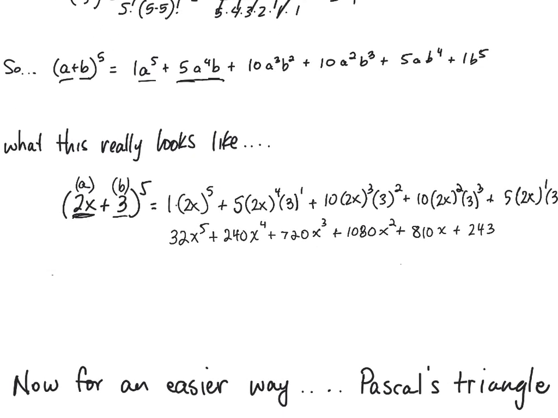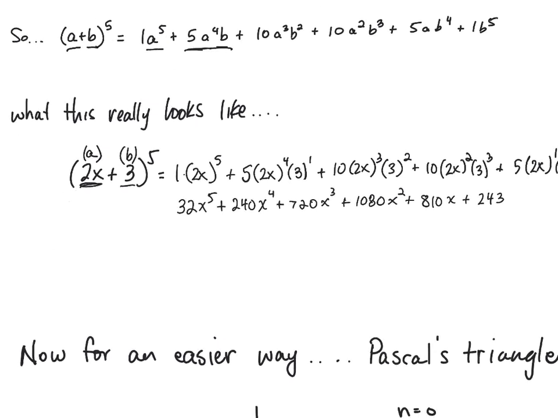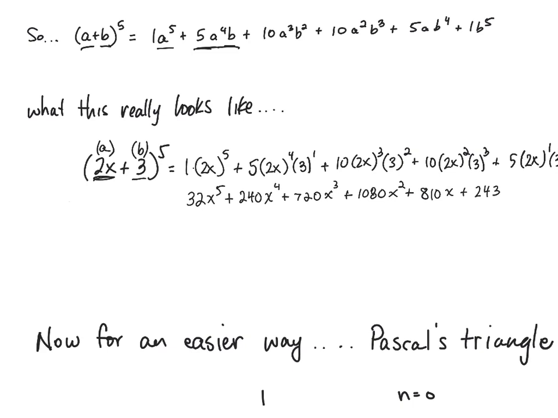Now, for an easier way, at least for finding the binomial coefficients, it's called Pascal's triangle. And when I say easier way, it's kind of a double-edged sword. It supposedly could be easier for small values of n.